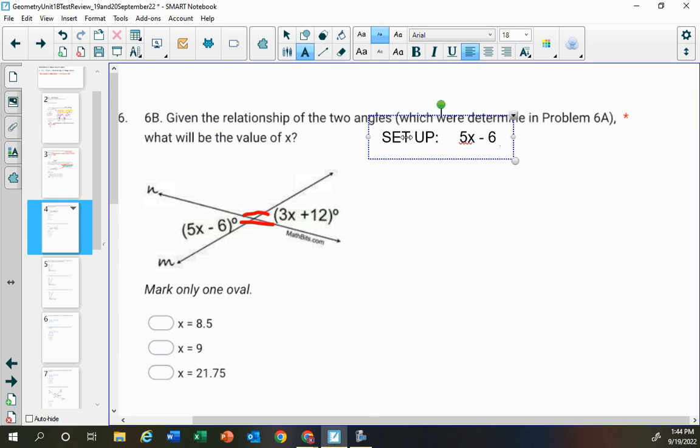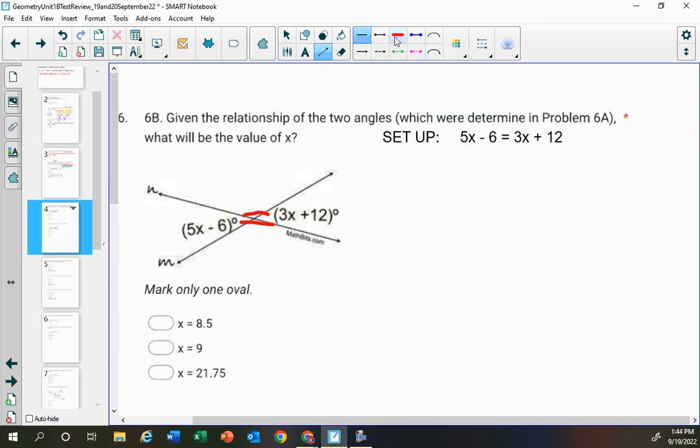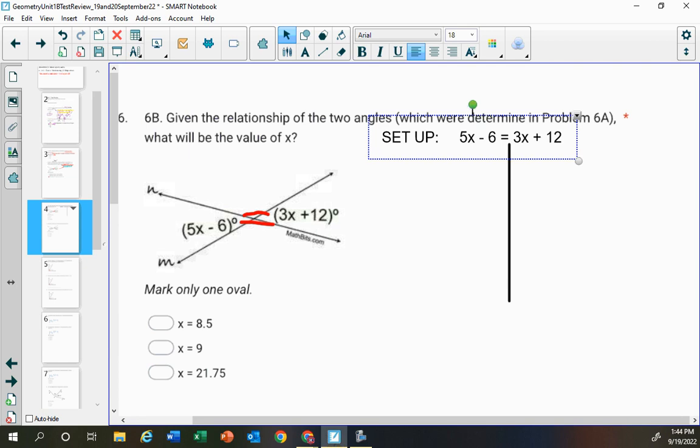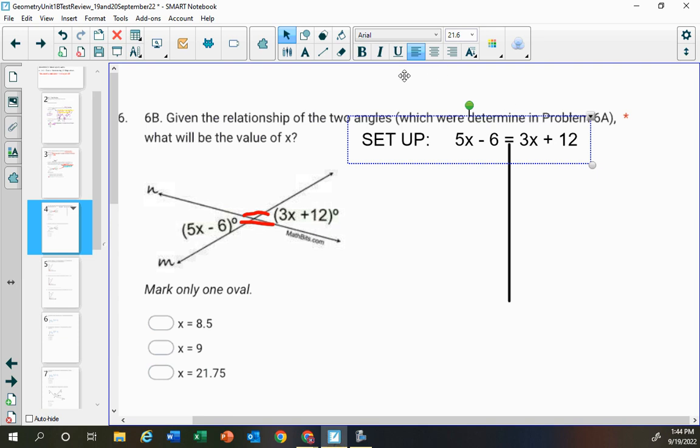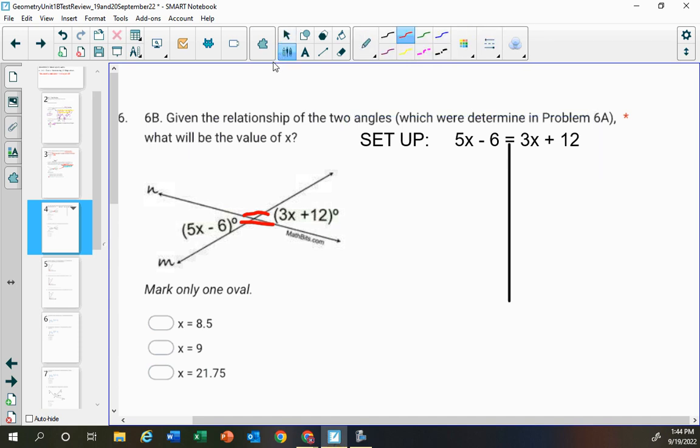We got 5x minus 6 equals 3x plus 12. Okay. How do we solve for x? What's our step?